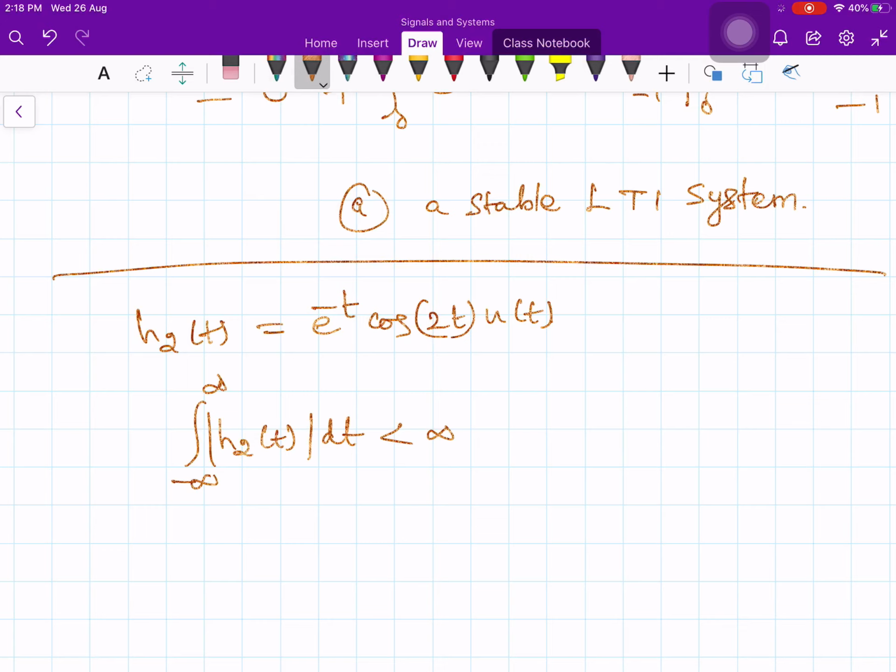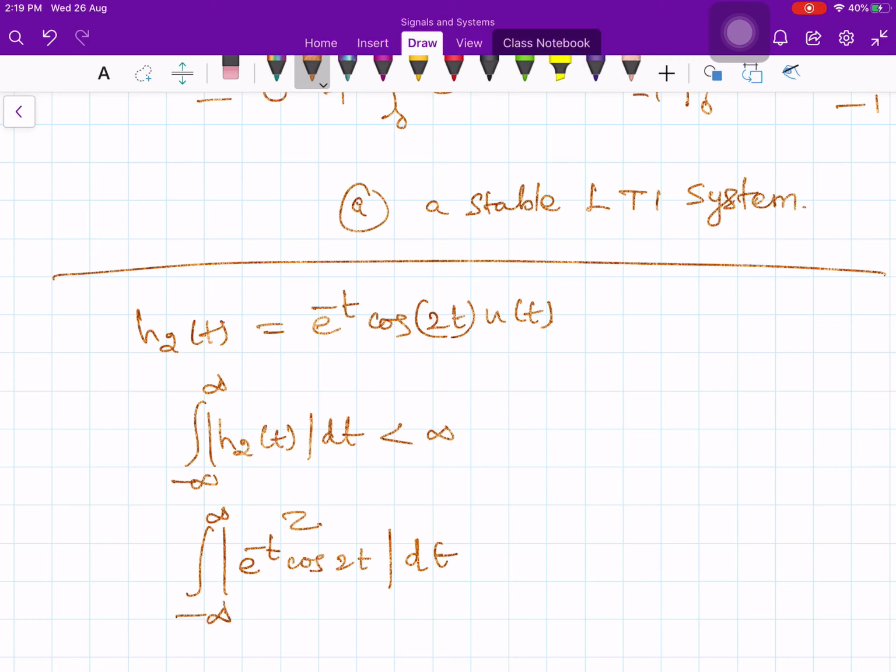Okay, so substitute e to the minus t cos of 2t, then dt. You can put tau also, no problem. After all, t or tau is a dummy variable in this calculation. It's not mandatory to put only tau. Minus infinity to plus infinity.